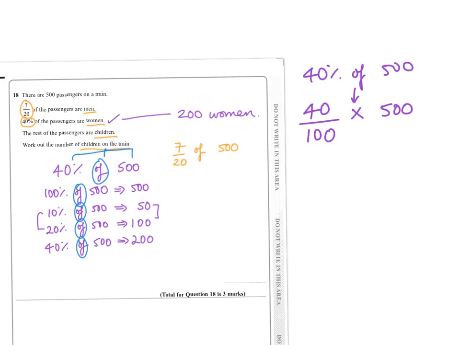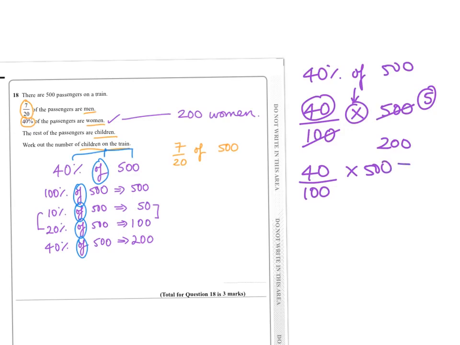And then if you had a calculator or not, it's up to you. You could say, well, 100 into 500 is 5. And then you're left with 40 times 5, which is 200. On a calculator, if you did 40 divided by 100 times 500, you would get exactly the same answer. So in this case here, of is times again.